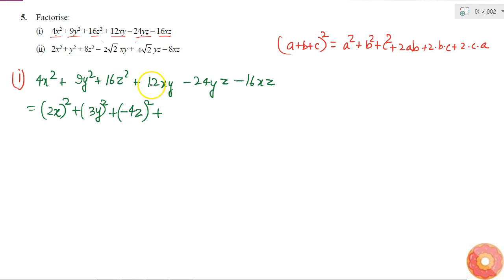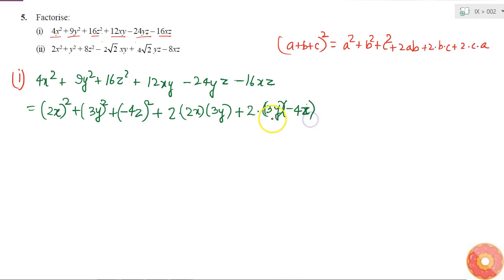And if I want to separate these 2x and 3y terms, then what will I get? 12 is 2 into 2x into 3y, correct? Because 2 into 2 is 4 and 4 into 3 is 12. So 12xy is the same as this, and this is what? 2 into 3y into minus 4z.